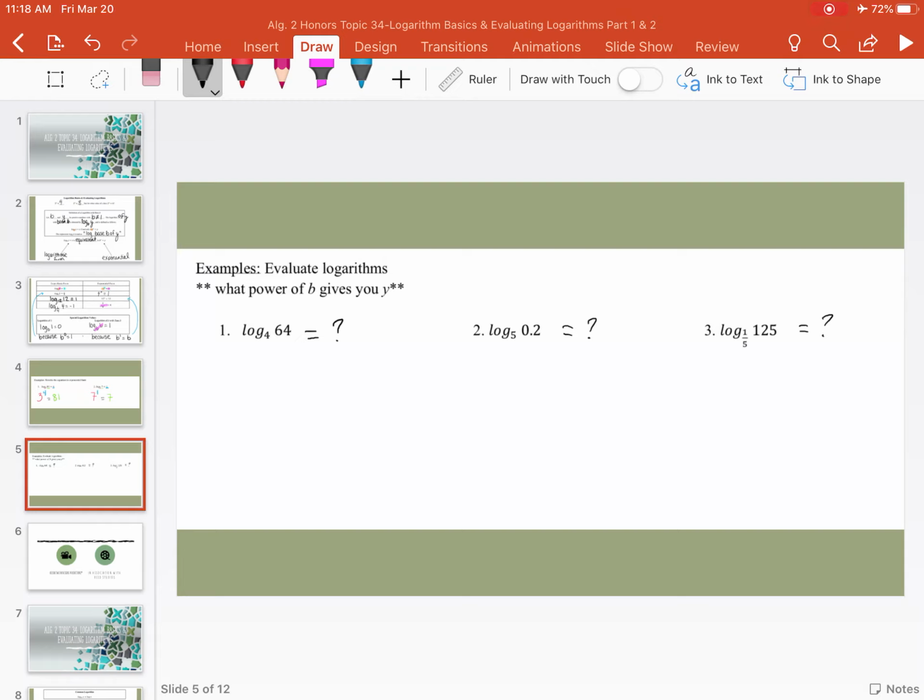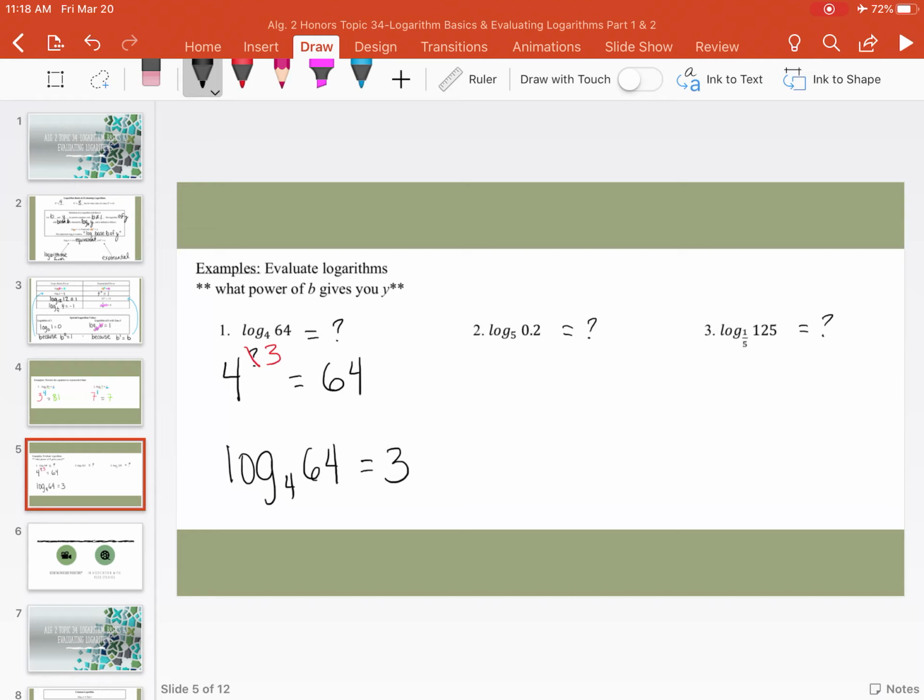This is saying that 4 to some power is going to give us 64. So what power of b gives you y? What power of 4 gives you 64? In this case, we know that this has to be 3. So we can rewrite this as log base 4 of 64 equals 3.